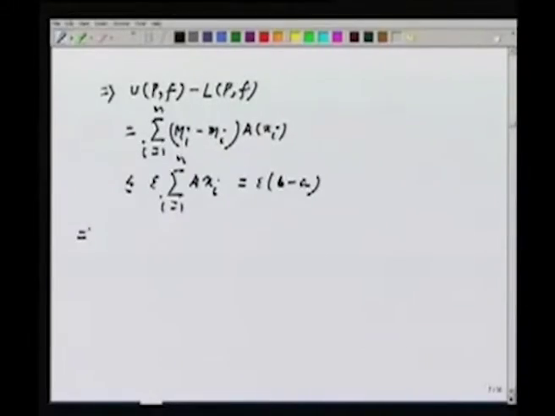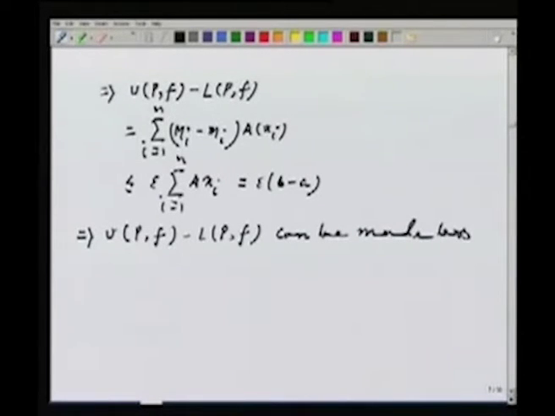This implies UPF minus LPF can be made less than epsilon. This is the standard stuff.